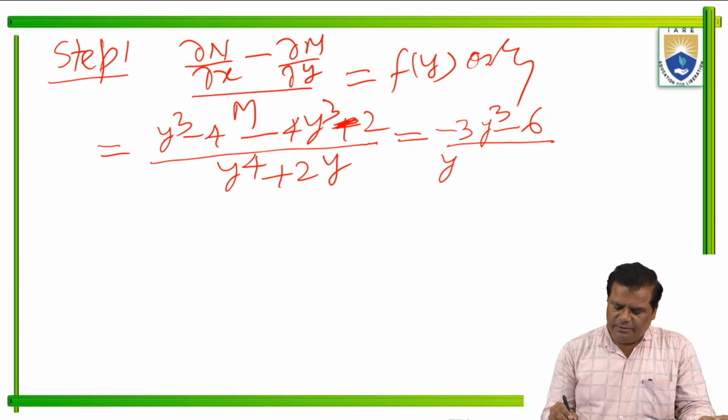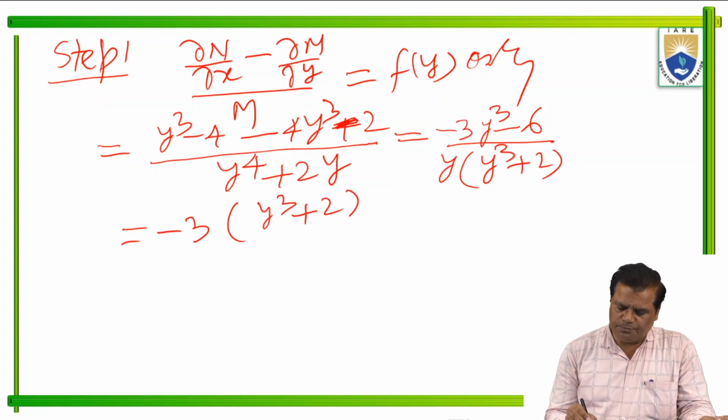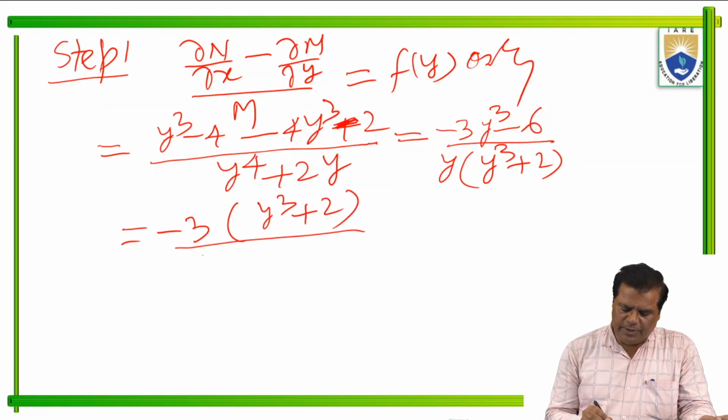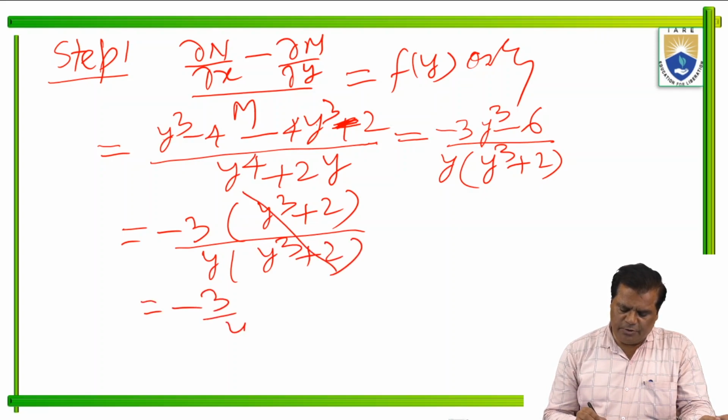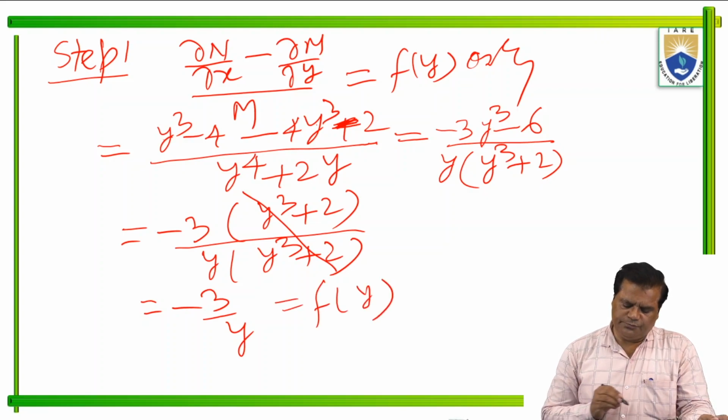Y is common in the denominator, so y times (y^3 + 2). Taking minus 3 common, minus 3 (y^3 + 2) upon y (y^3 + 2). So this cancels, and this is minus 3 upon y.